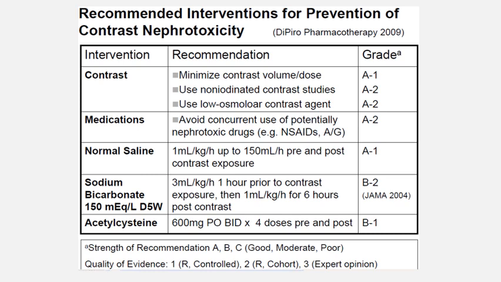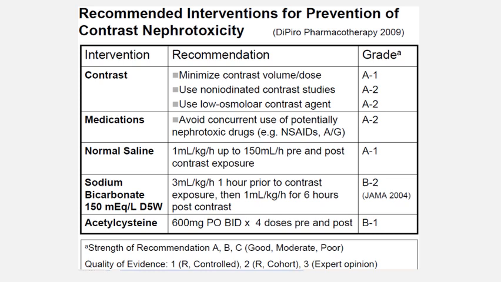In the last column of this table, the grades are given. The letter indicates the strength of the recommendation. A is good, B is moderate, and C is poor. That means if there is an A in the column, for that recommendation more evidence or more research is present, for B there is less evidence, and for C there is very poor evidence for that intervention.